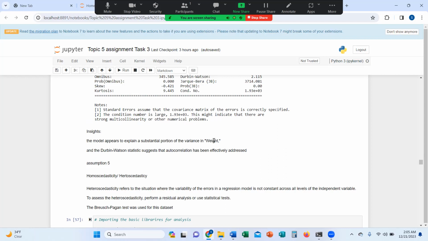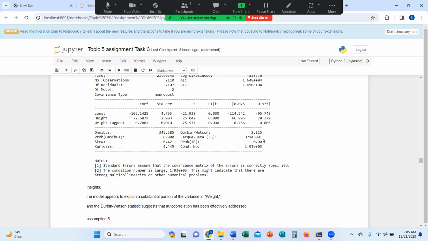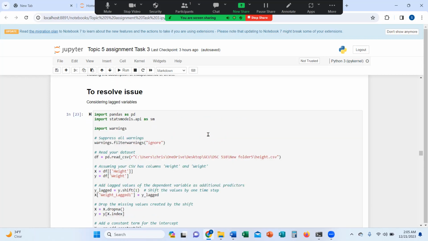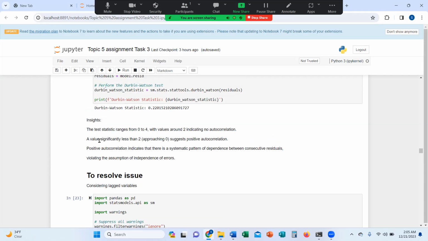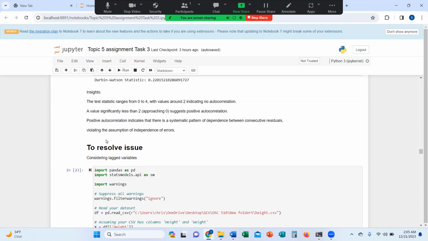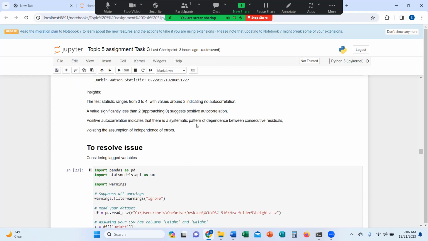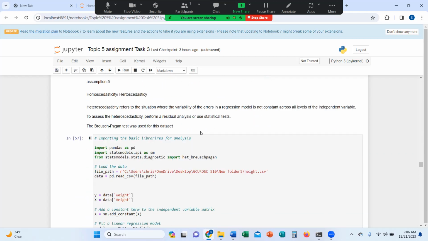It shows that the autocorrelation has been effectively addressed, because it should be around 2, indicating no autocorrelation. So with this transformation, it resolved that issue.